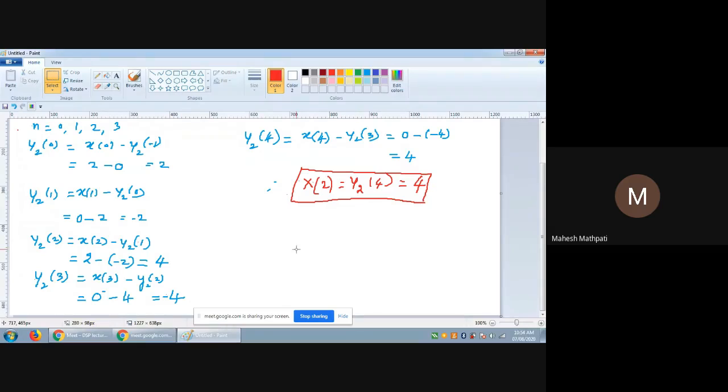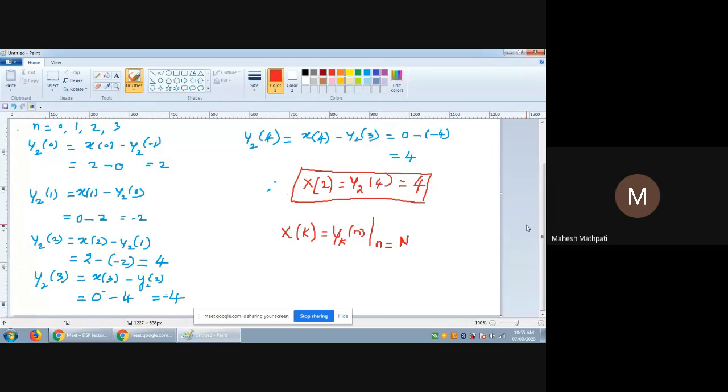One thing you have to remember. What is that first part? Formula: X of n minus X of k is equal to Yk of n, at n equals n. That is the first part.